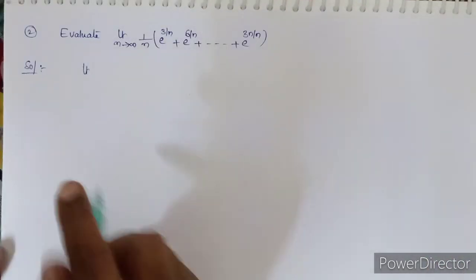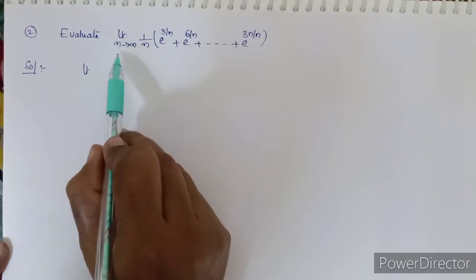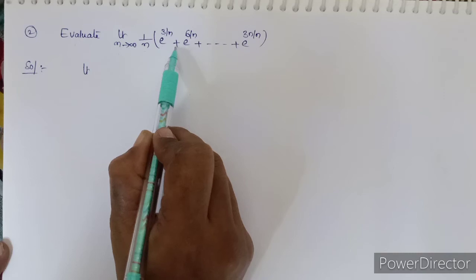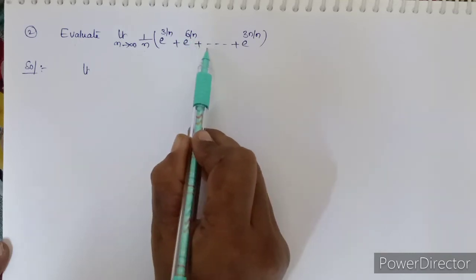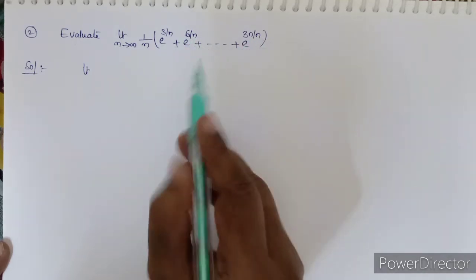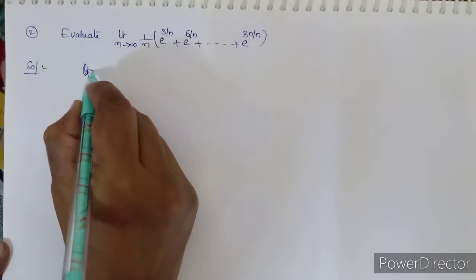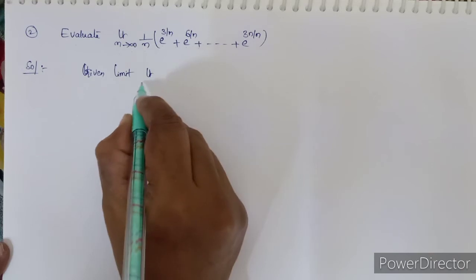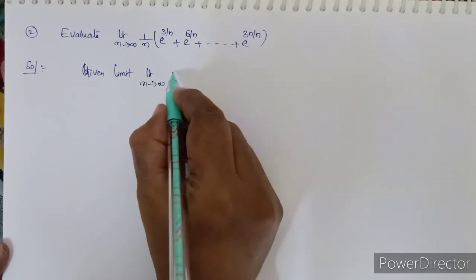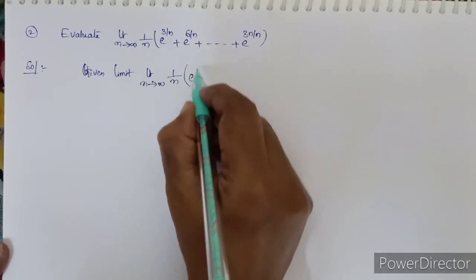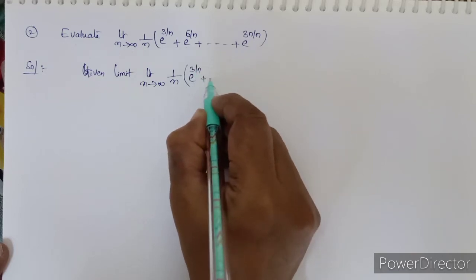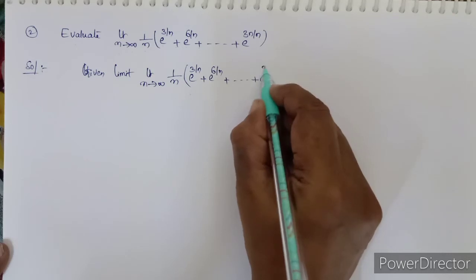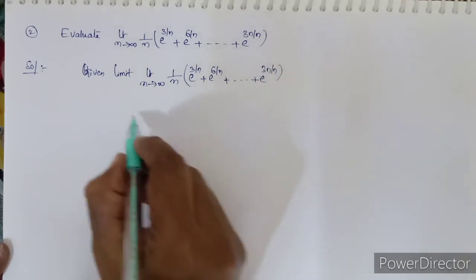Now we'll see one more problem. Evaluate limit n tends to infinity 1 by n into e power 3 by n plus e power 6 by n plus and so on e power 3n by n. Given limit: limit n tends to infinity 1 by n into e power 3 by n plus e power 6 by n plus e power 3n by n.